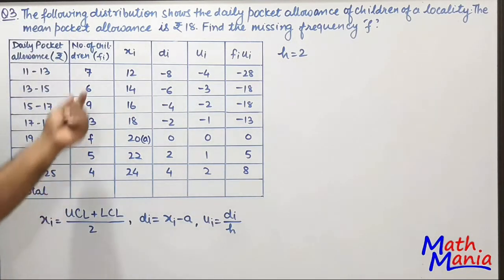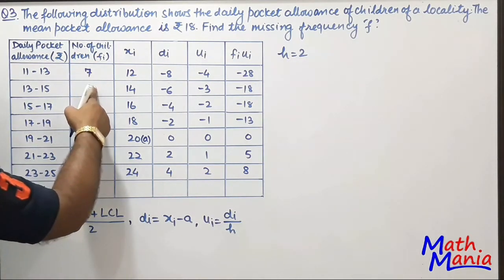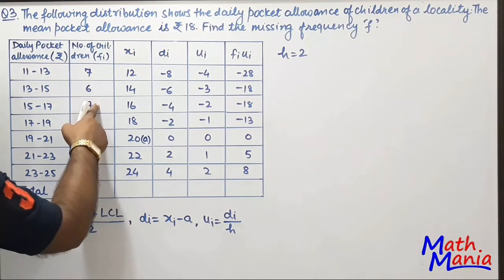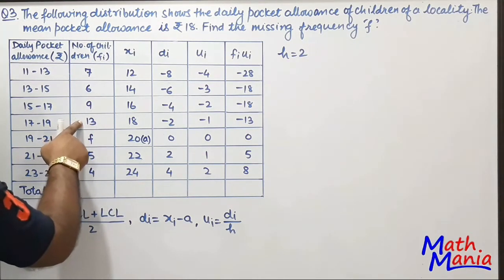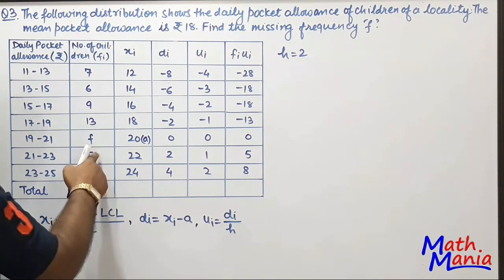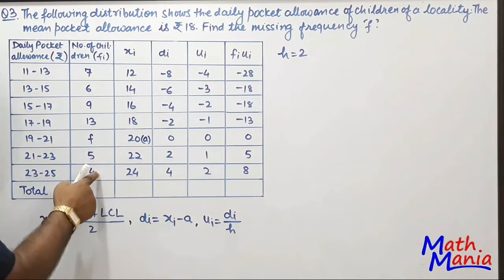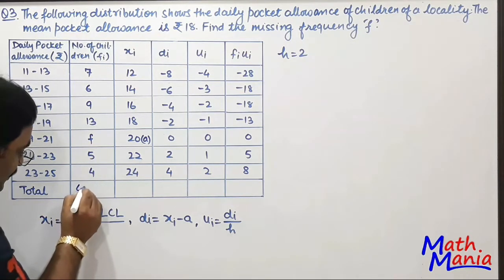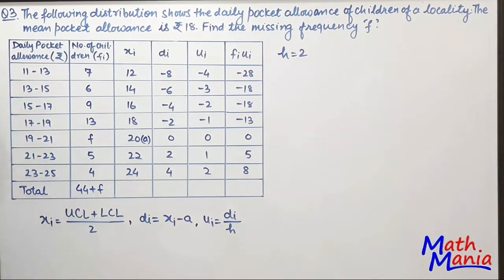Let's find the sum of fi, sigma fi, which is 7 plus 6 is 13, 13 plus 9 is 22, plus 3 is 25, plus 10 is 35, 35 plus 5 is 40, plus 4 is 44, and plus the missing frequency f.